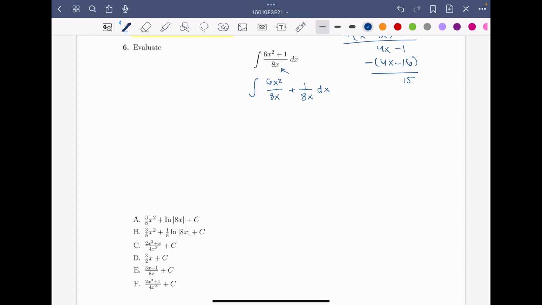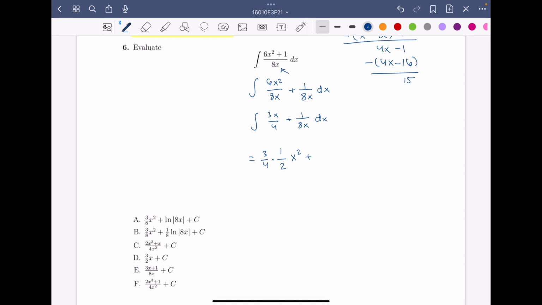Again, we just split up this integral into two terms. Now let's simplify a little bit. That will give us the integral of 3x over 4 plus 1 over 8x dx. If we take the integral, the integral of the first one is 3/4 times, when we have x, that's x to the 1, so our final power will be x squared, and for integrals, we put 1 over the new power, so that would be 1 over 2.